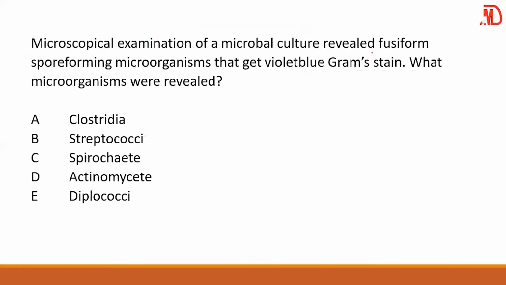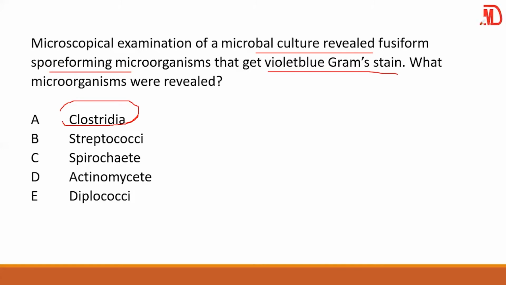Microscopic examination of a microbial culture revealed fusiform, spore-forming microorganisms that get a violet blue gram stain. What microorganism are they talking about? This violet blue is specific for Clostridium. It's a gram-positive, rod-shaped, anaerobic, spore-forming bacterium.